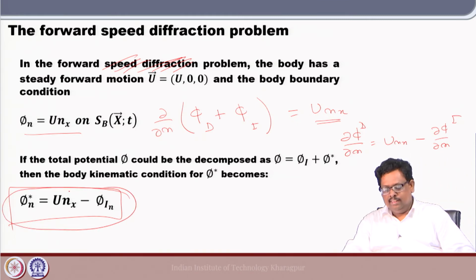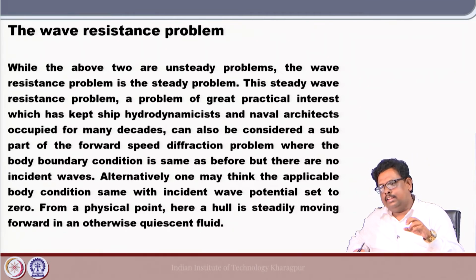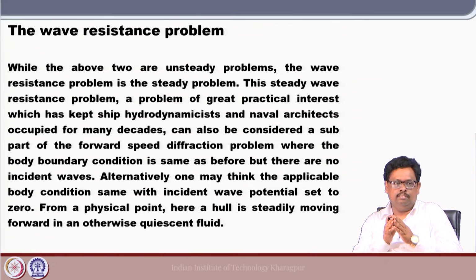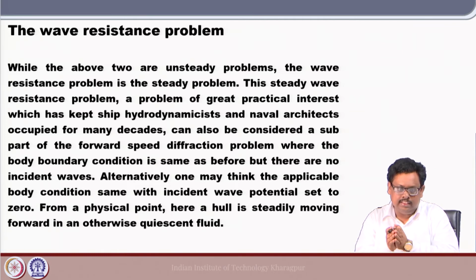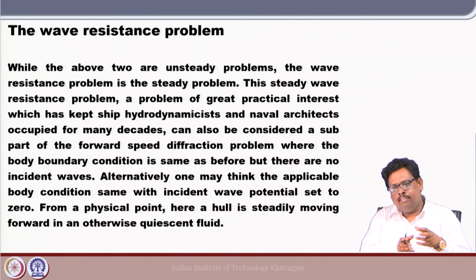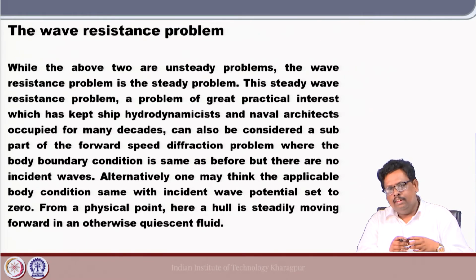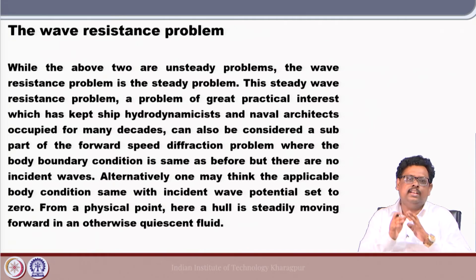Anyway, I just wanted to write this, because this shows you some kind of easiness, like how from this earth fixed formulation we could get the forward speed diffraction problem, and I can formulate the wave resistance problem. So, we can see in a way it is versatile.